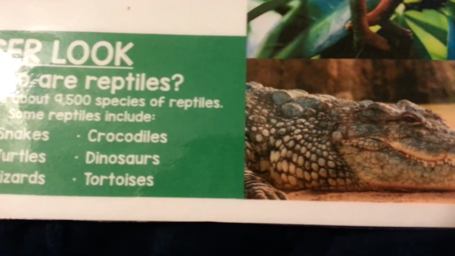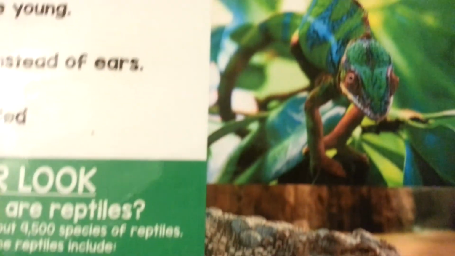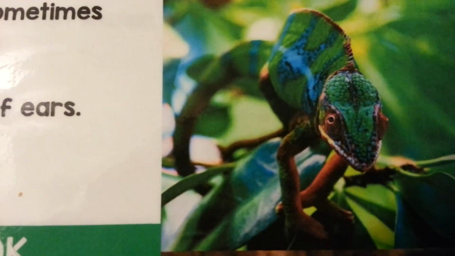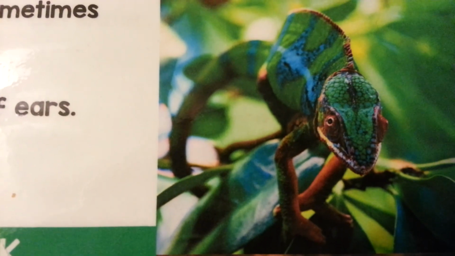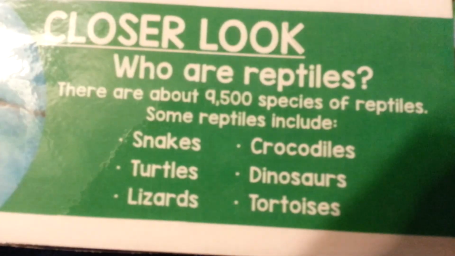Let's look at who are reptiles. Ooh, I'll show you pictures. Here's a crocodile, alligators also. That's a chameleon. Can you see his crazy looking eyes that go around in all kinds of circles? And there's a snake. And over here, back to the turtle. Who are reptiles?